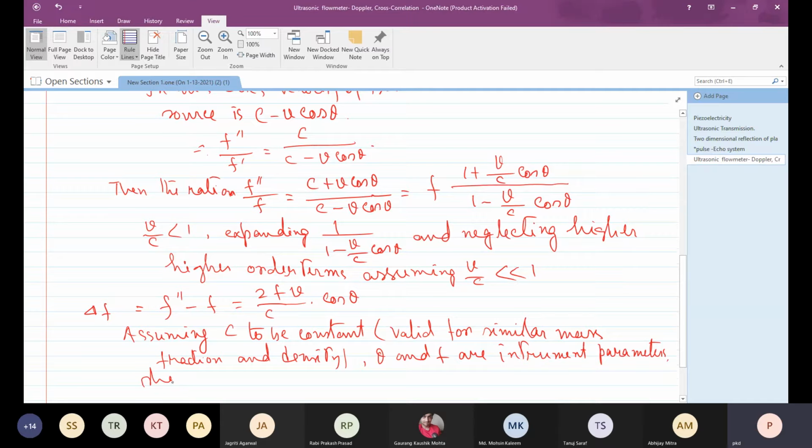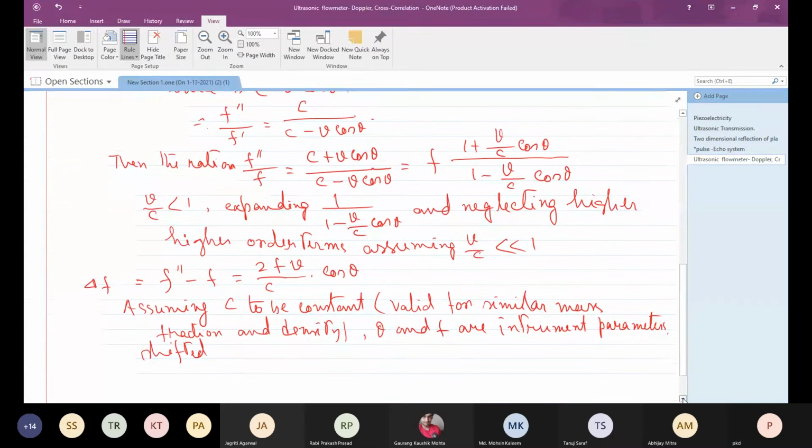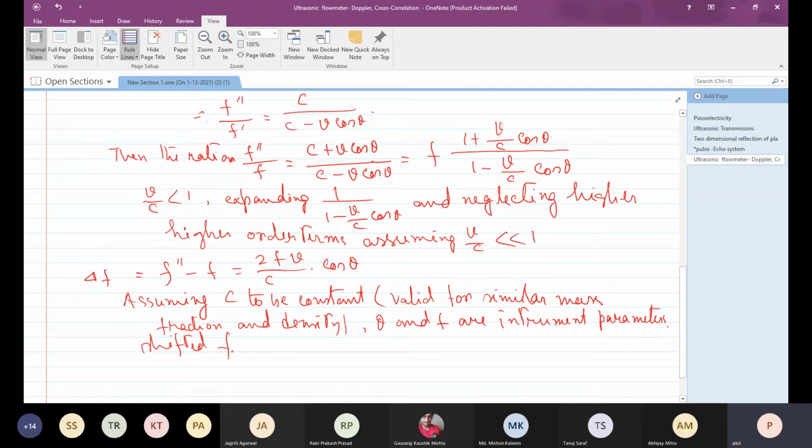Shifted frequency delta F is proportional to V.